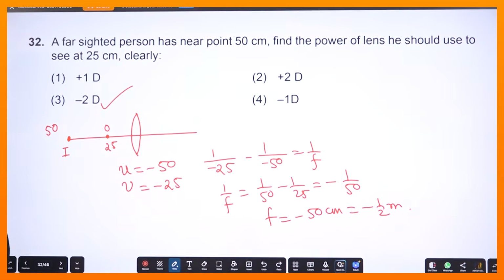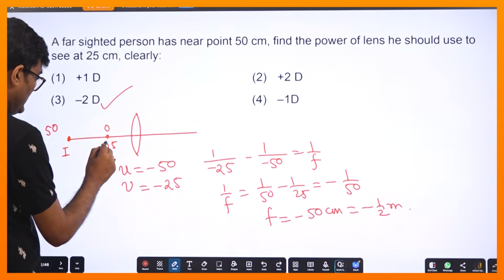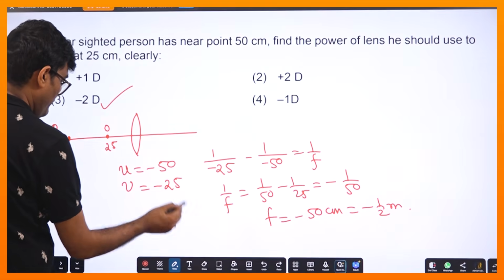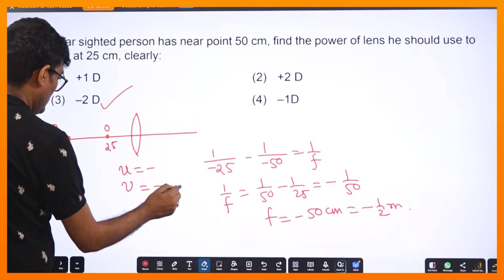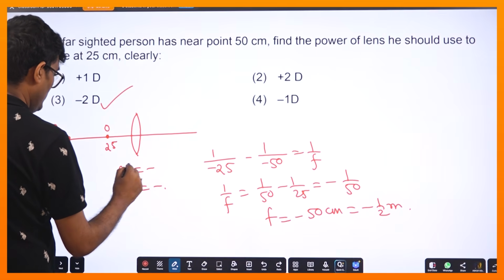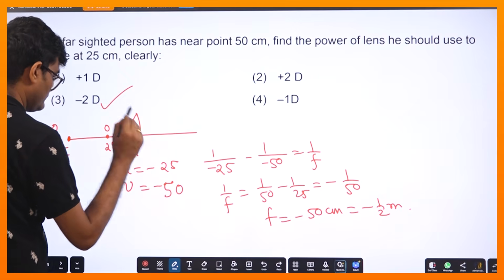Then the person can see actually, right? So the object distance is 25. u is equal to minus 25 and v is equal to minus 50. My bad. You have to understand this. u equal to minus 25 and v equal to minus 50.